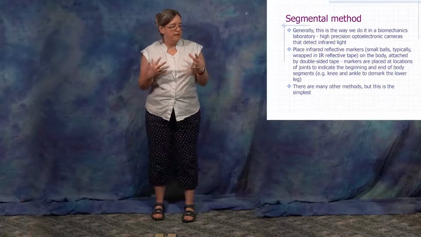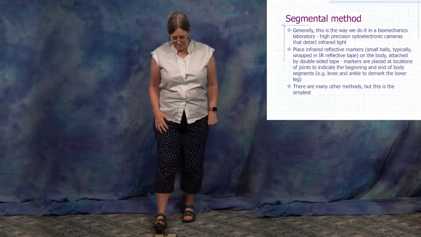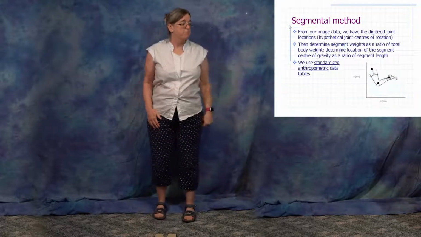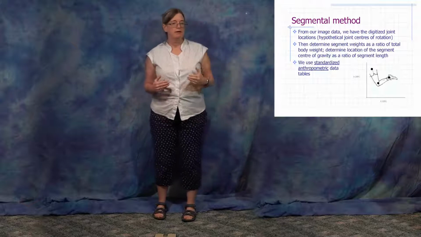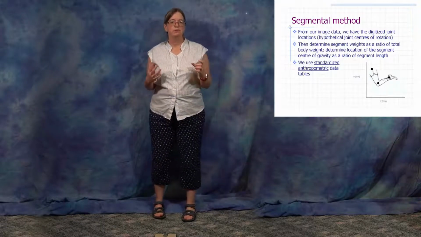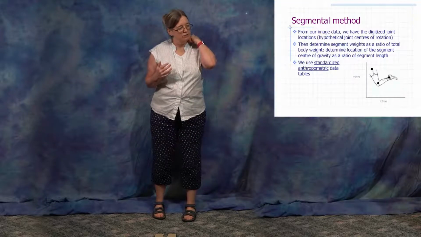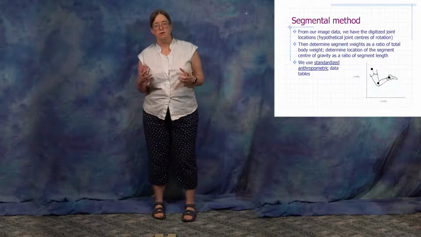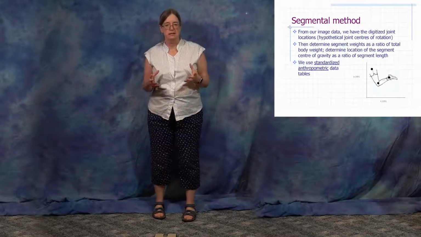From that image, as we can see here, we need to figure out where the center of gravity is. To do that, we use standardized anthropometric data tables. In other words, population data tables.